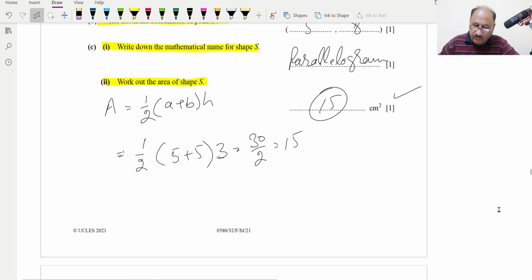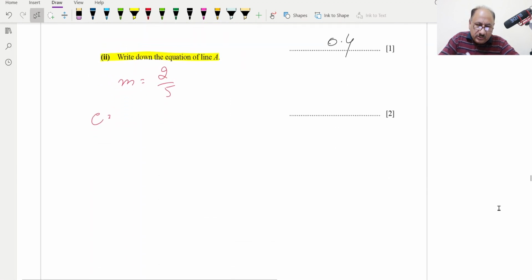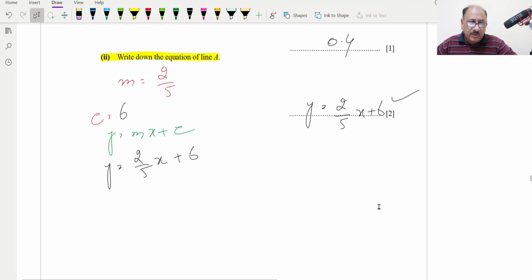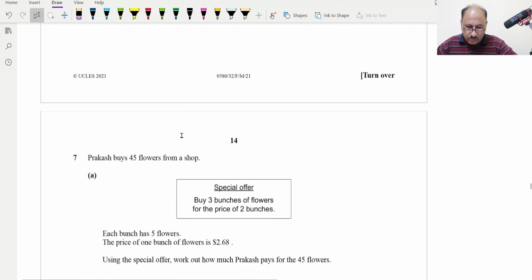So we can take c value as 6, and we will be using the equation y is equal to mx plus c. M is 2 by 5, so we can write here 2 over 5x, and this will be y is equal to 2 by 5x plus 6, because c value is 6, so our equation will become y is equal to 2 over 5x plus 6. This will be the final answer for this part, which is 2 marks.